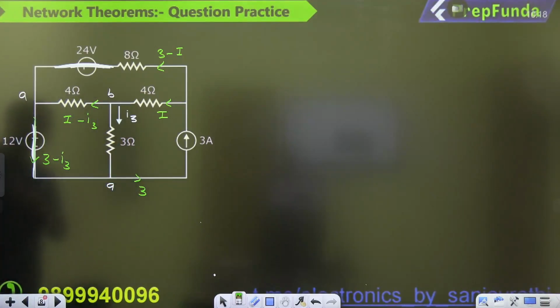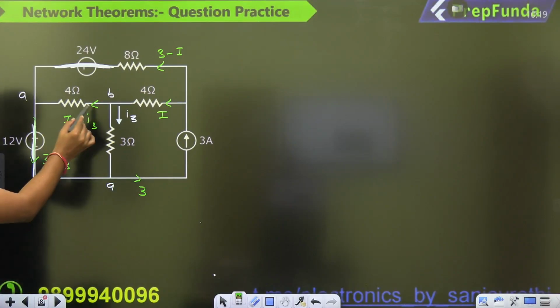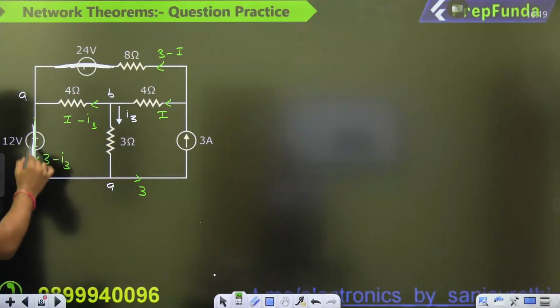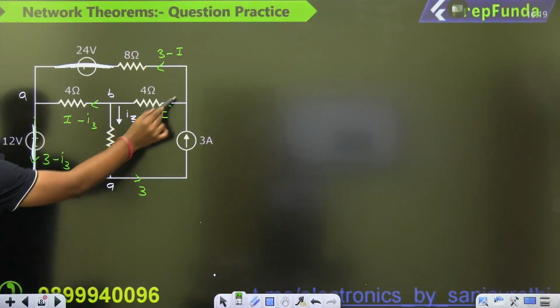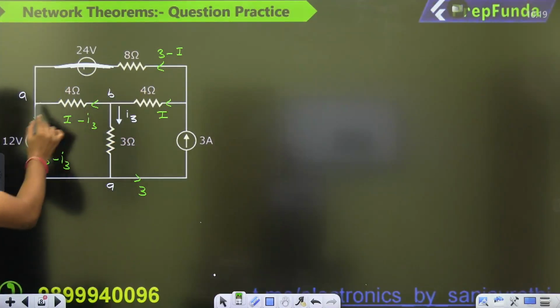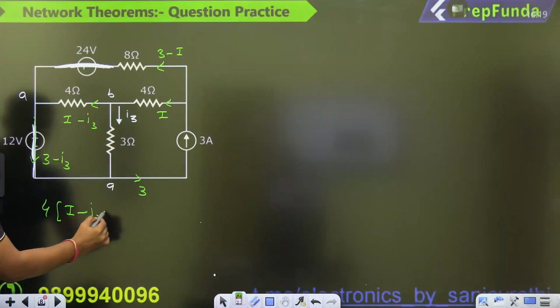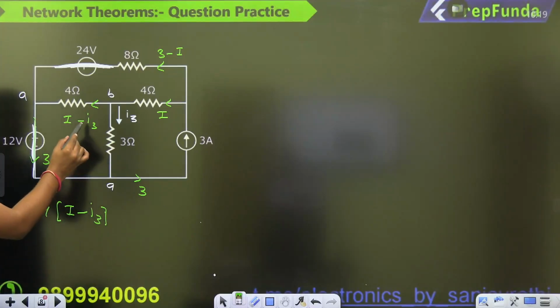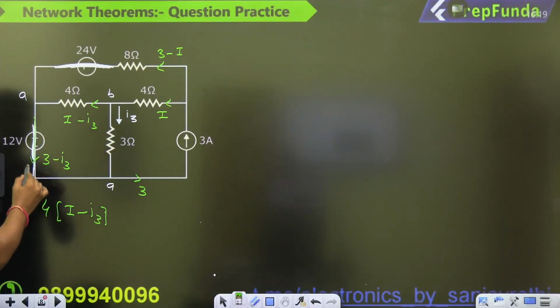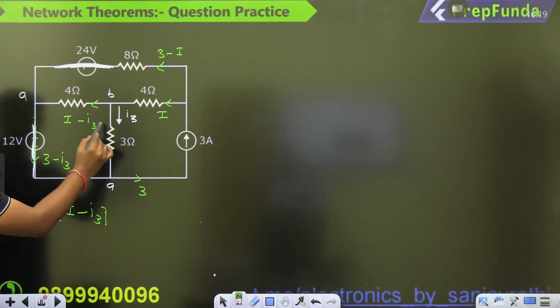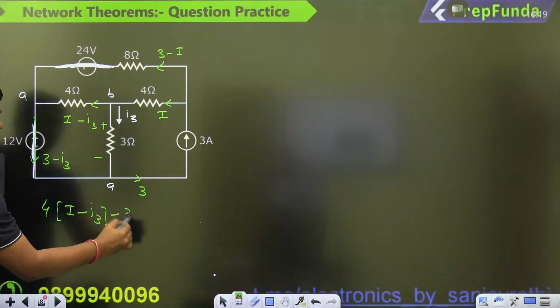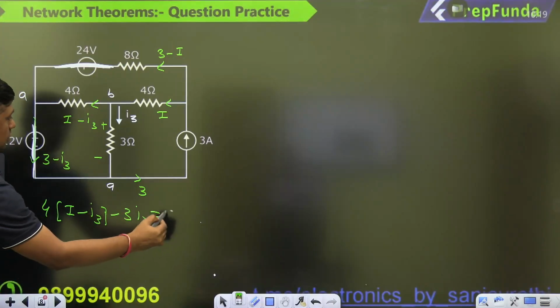Now you can apply the KVL. So first of all, apply the KVL in this loop. You will get the relation between I and I3, and then you can apply the KVL in the other loop. So in this loop KVL, it will become 4 times of I minus I3, and then minus 3 times of I3 is equal to 0.